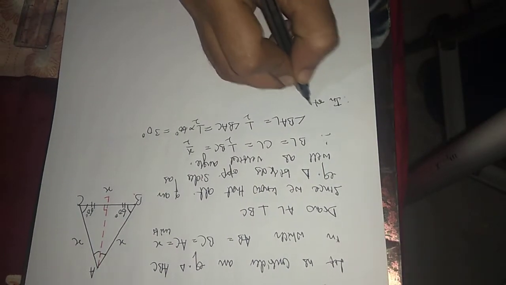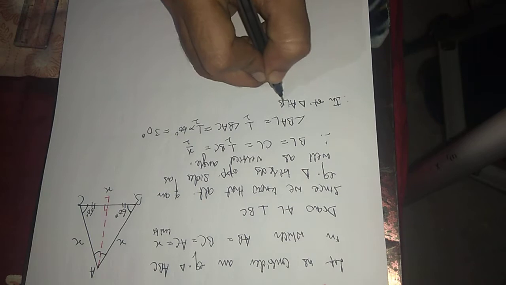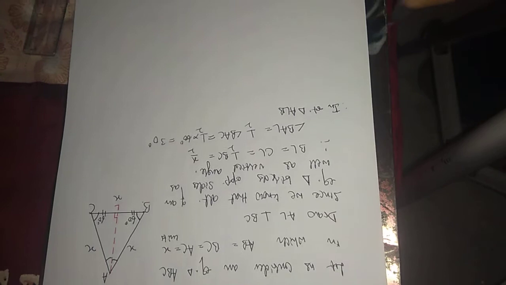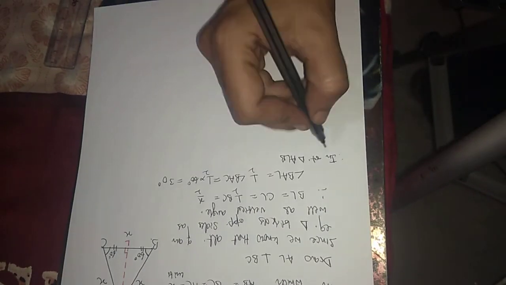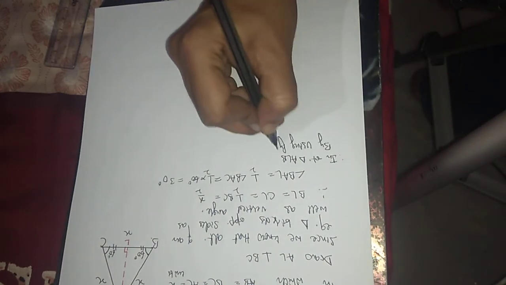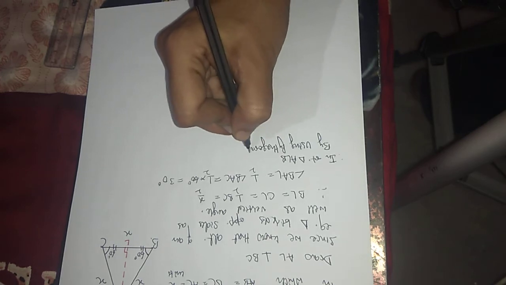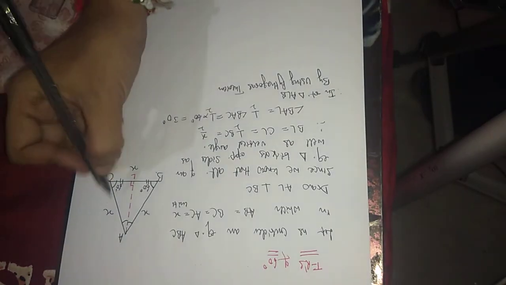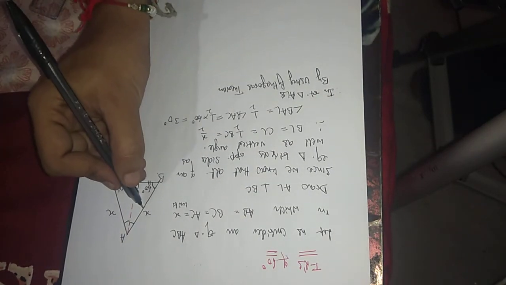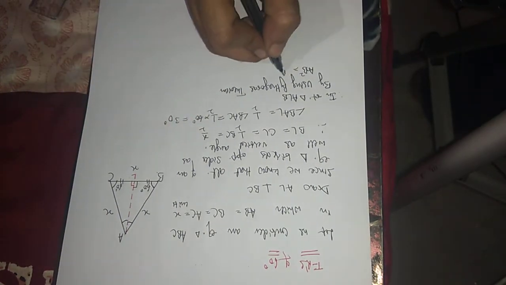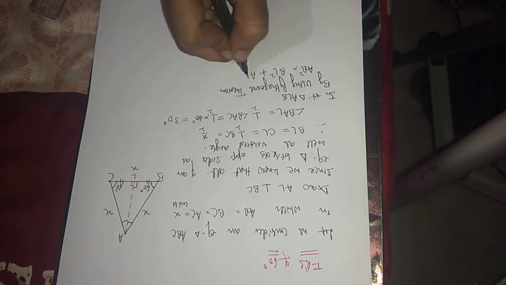if we use the Pythagoras theorem in right triangle ALB, what will we get? By using the Pythagoras theorem, from right triangle ALB, the hypotenuse is AB, so AB square is equal to BL square plus AL square.